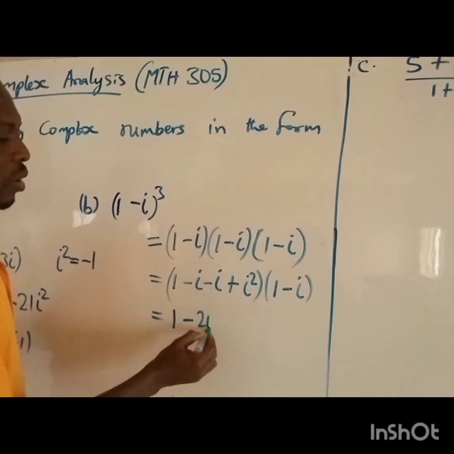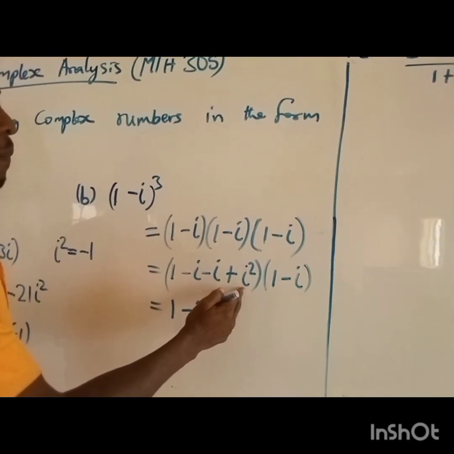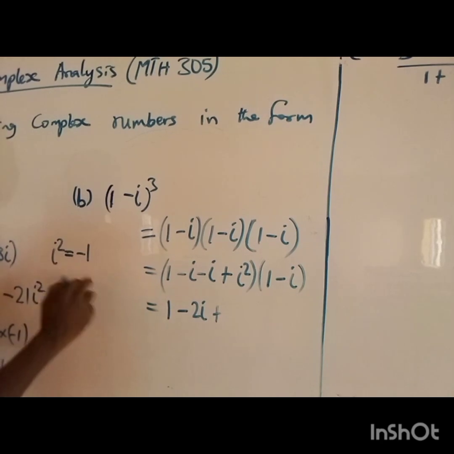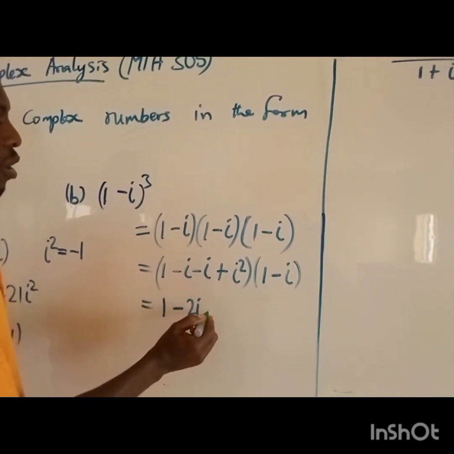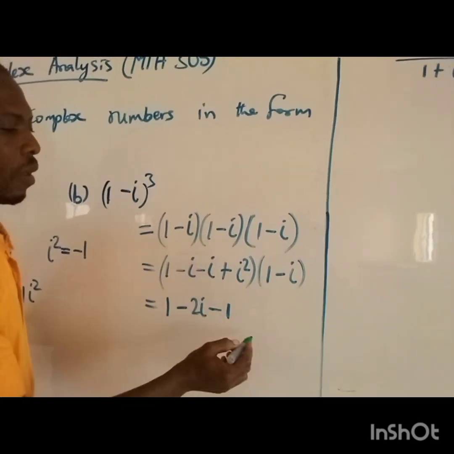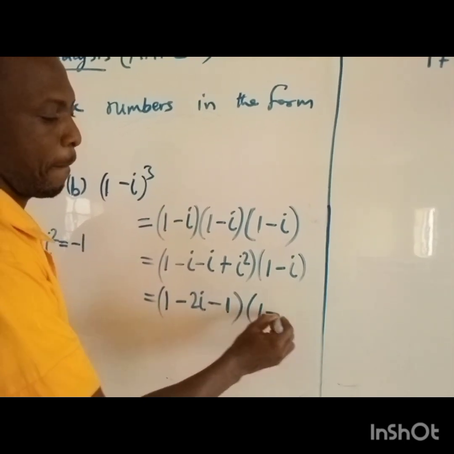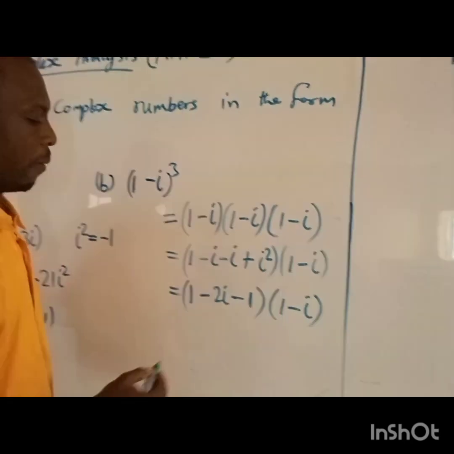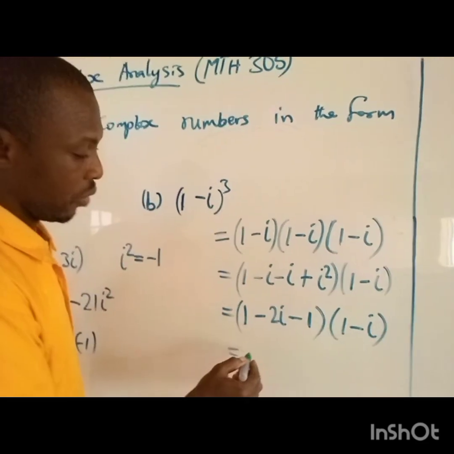Now 1 minus 2i plus, remember i squared is equal to minus 1. So if we bring in minus 1 here, this becomes minus 1. Now 1 minus 1 is equal to 0.